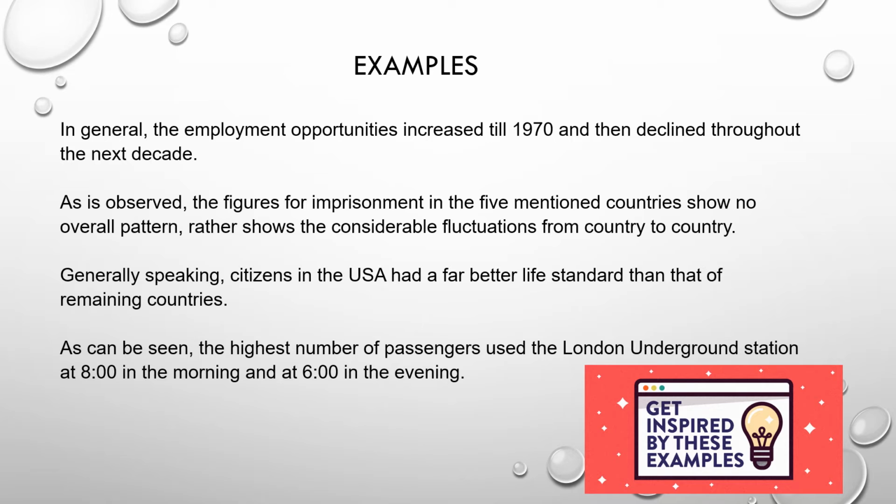Or generally speaking, citizens in the USA had a far better life standard than that of the remaining countries. As can be seen or as can be observed, the highest number of passengers used the London Underground station at 8 a.m. in the morning and at 6 p.m. in the evening. So this is how I can wrap up and show the crux in the overview.